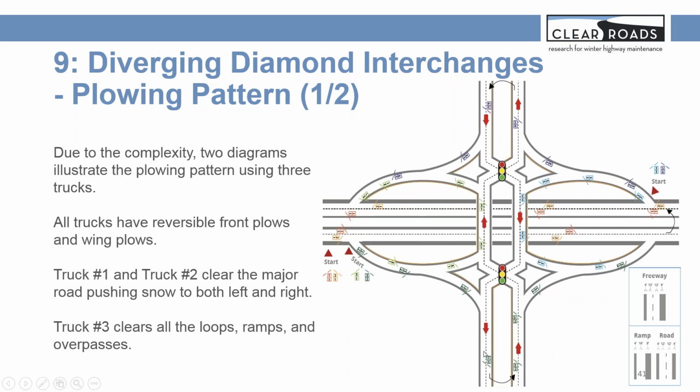And here they shift to the left lane. Still use the right wing and push snow to the right. Turn around, same configuration, to clear the other direction, the left through lane on the overpass.